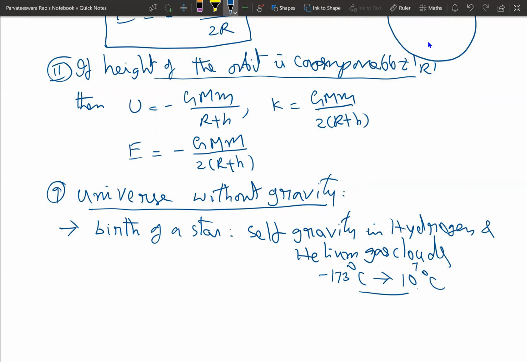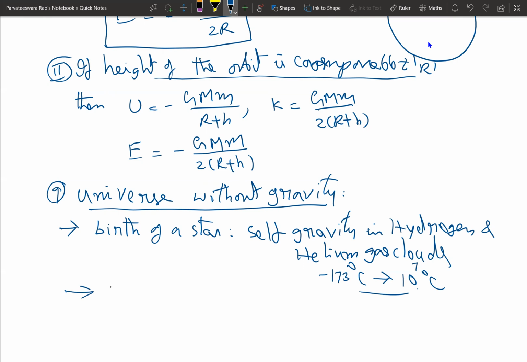So at this temperature, the star begins to generate energy, and once the energy generation begins, further contraction stops because of the equilibrium between self-gravity and the forces arising out of energy produced. So the very reason for the birth of a star is the gravitational force.